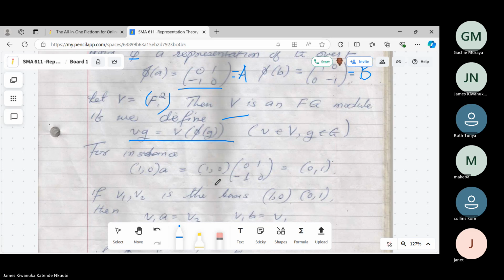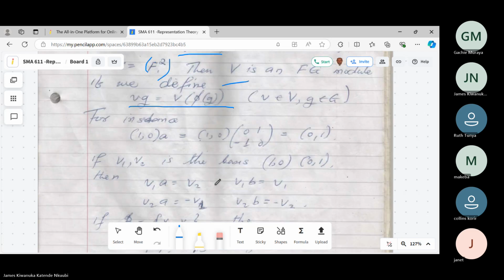So this just gives an illustration of a multiplication where you have a vector v, which is the vector (1, 0), then it's acting on A. So this multiplication will simply be equal to the vector multiplied by the image of A under this multiplication.